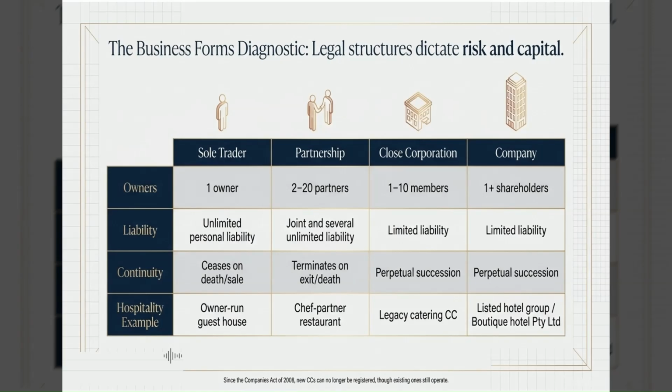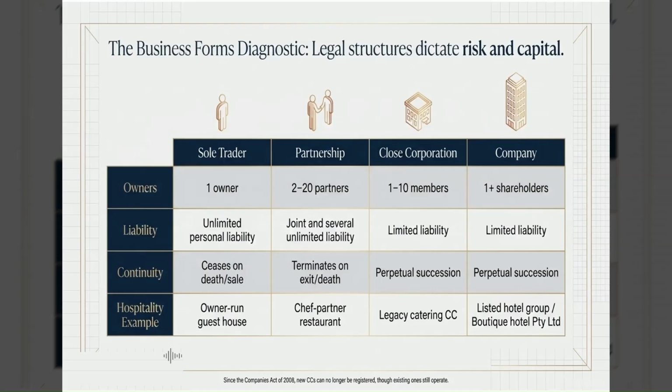The private company's name ends in Proprietary Limited, and it may not offer its shares to the public. The public company's name ends in Limited. It may issue shares to the public through an initial public offering, and those shares trade on an open market such as the Johannesburg Stock Exchange.